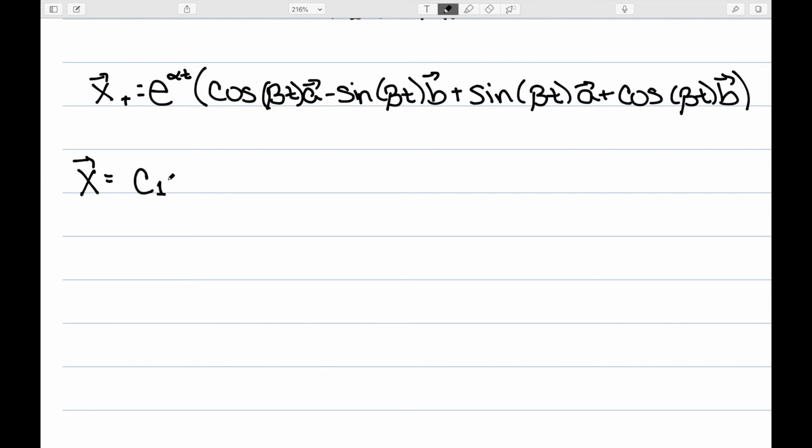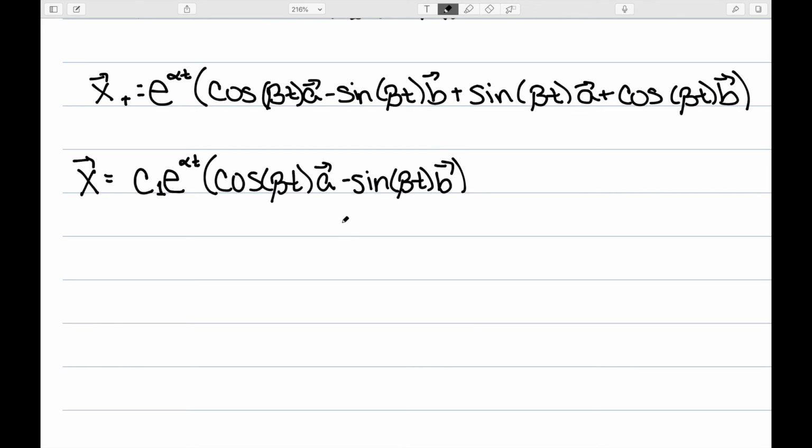So my general solution for this is c1 e to the alpha t times cosine beta t a minus sine beta t b. I'm going to move down to the second line because I'm running out of room.